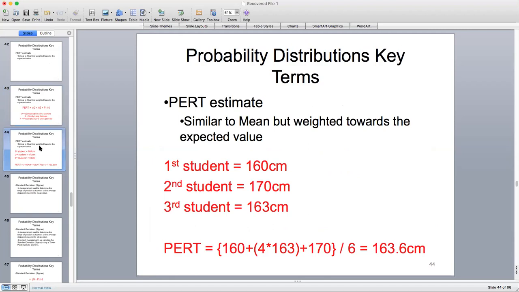If I asked you what the height of a student in a classroom will be, it's very easy to answer and say, well, the average would be 163 centimeters using PERT, and you would be correct. But it is still a single point estimate.